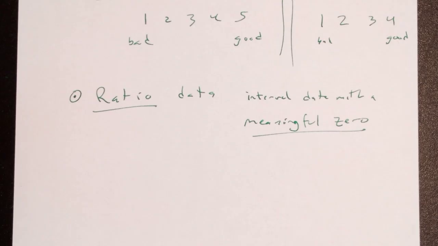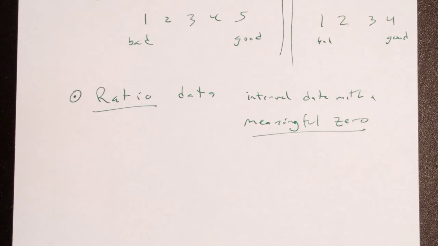Wait a minute. Let's talk about this. Zero means something. It does have a scale. I've got an order, I've got a meaningful scale, I've got a meaningful zero.